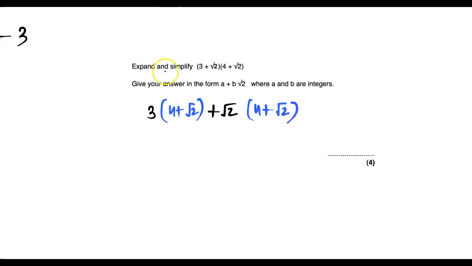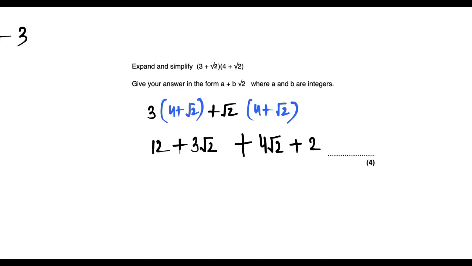Now let's multiply. So 3 times 4 is 12, plus 3 times root 2 is 3 root 2. Okay, we're going to be taking this big connector. Now root 2 times 4 is 4 root 2, plus root 2 times root 2 is 2.